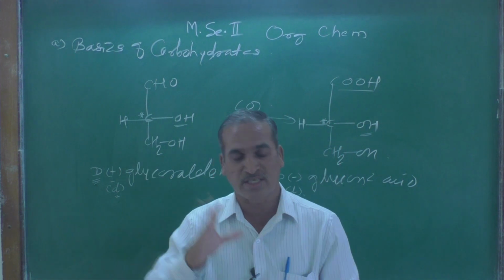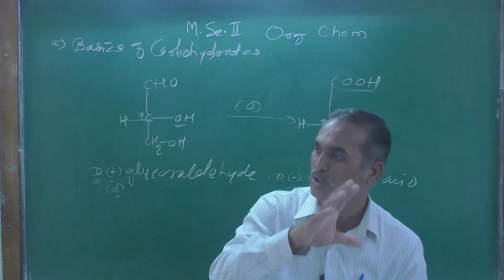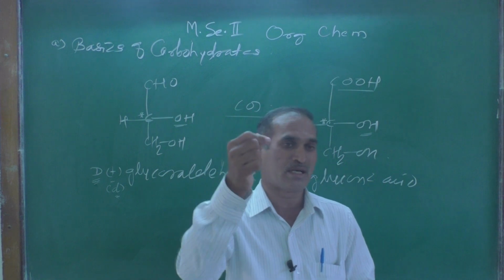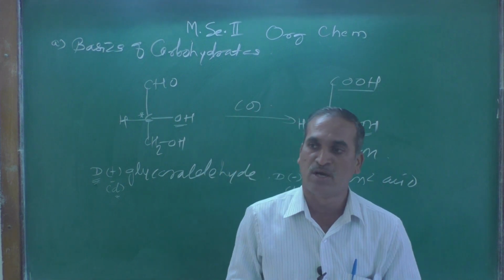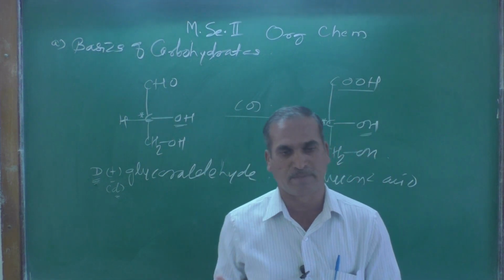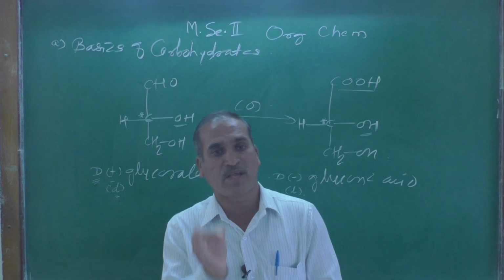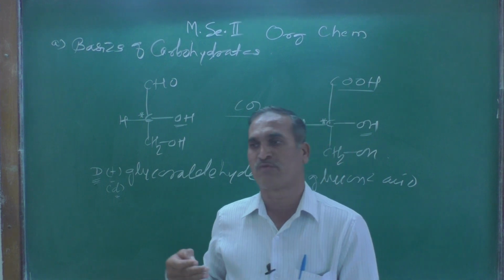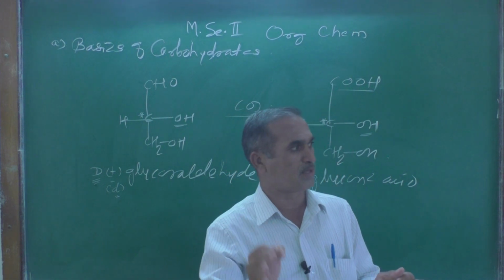Glucose contains an aldehyde, so we keep it on the top, and if you number these carbon atoms starting from the most oxidizable group, the aldehyde always gets number 1. So 1, 2, 3, 4, 5 and 6, there are 6 carbon atoms.